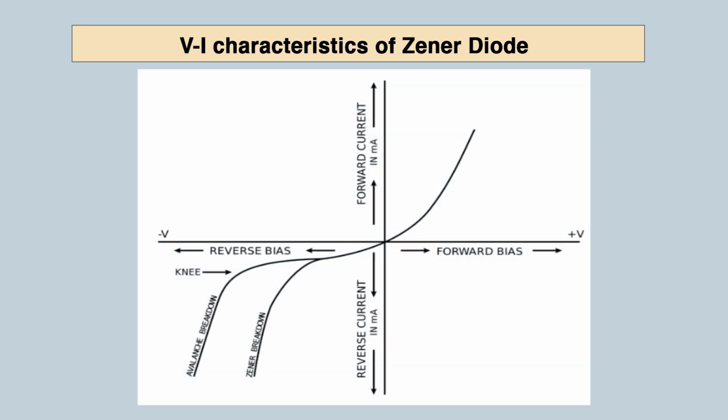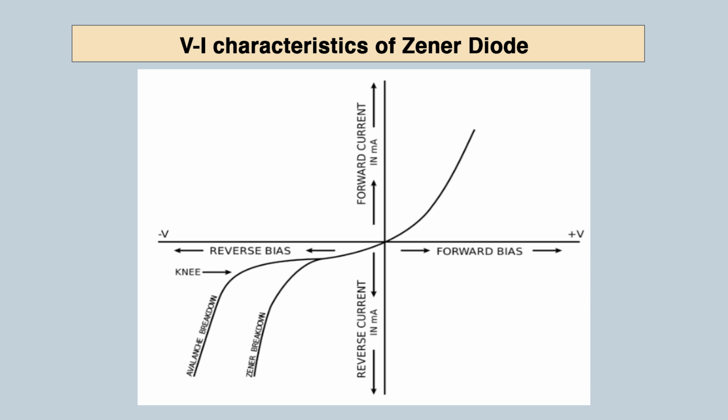This is the VI characteristics of a Zener diode. Here you can see that current is on the y-axis and voltage is on the x-axis. The first quadrant represents the forward bias condition.